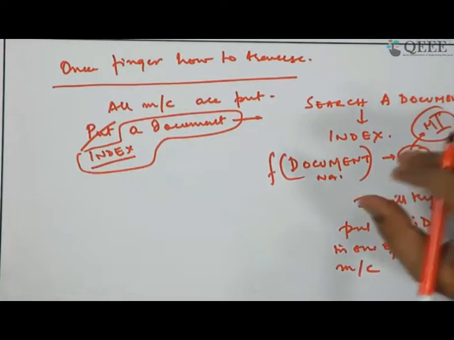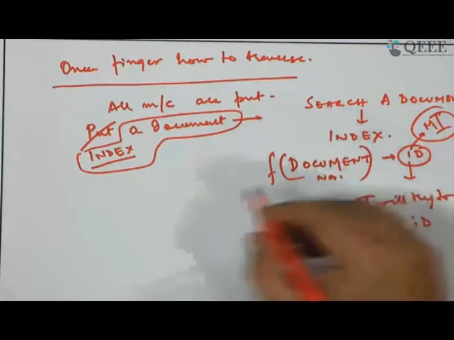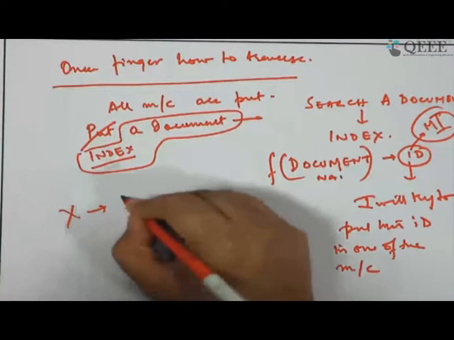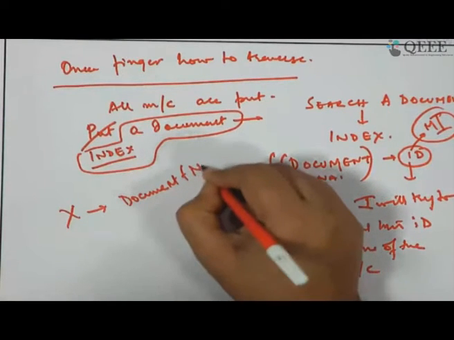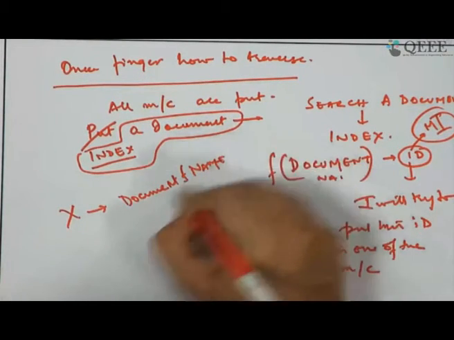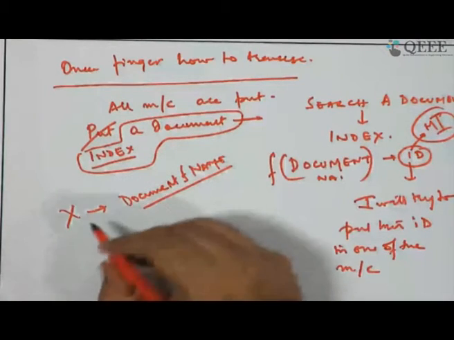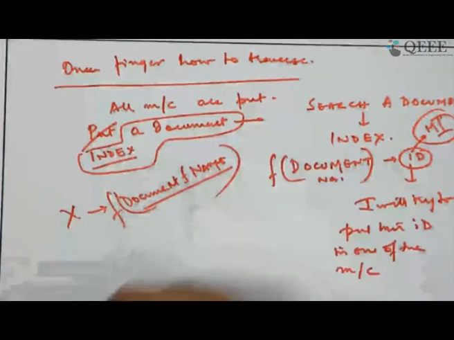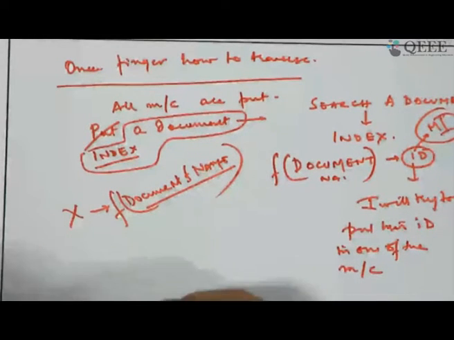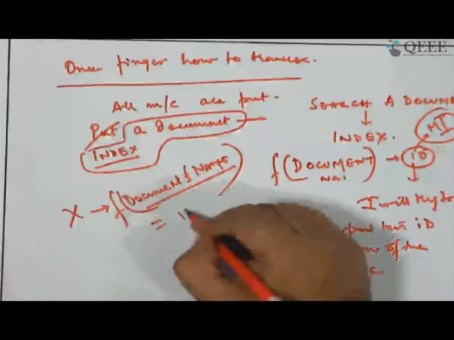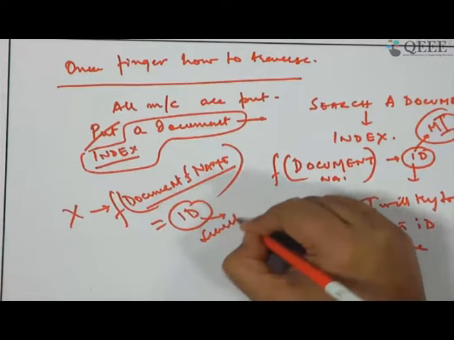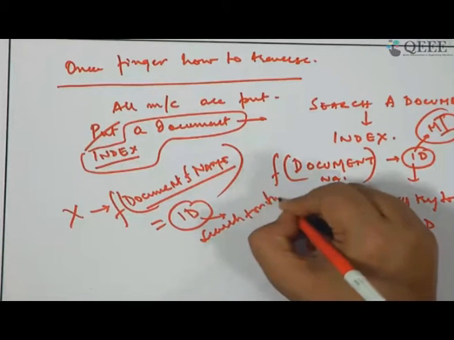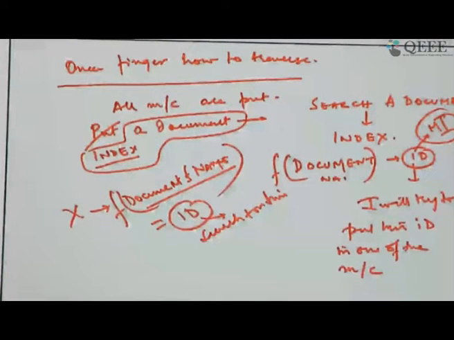So now see, during search time what will happen? Somebody X comes with the document name, the same document name. During search, some X will come with the same document name, and the system does a hashing and gets an ID, and then the system searches for this ID.